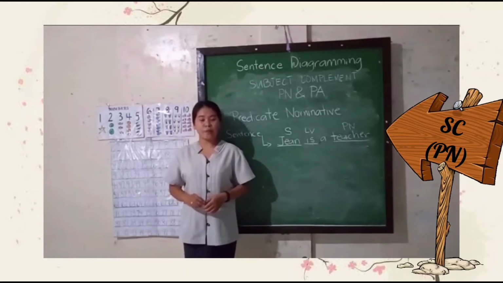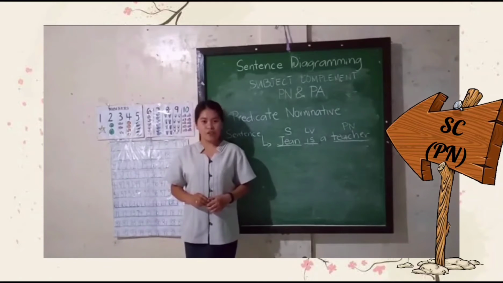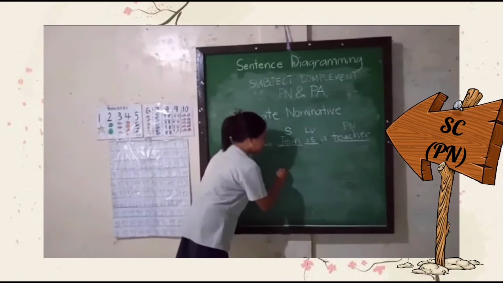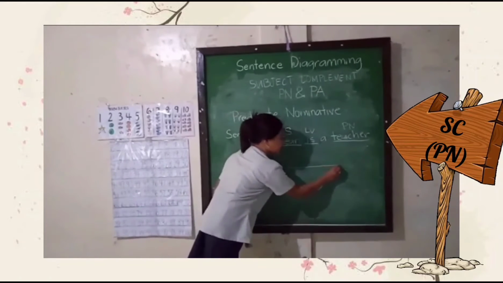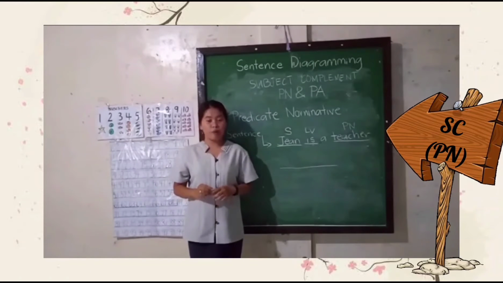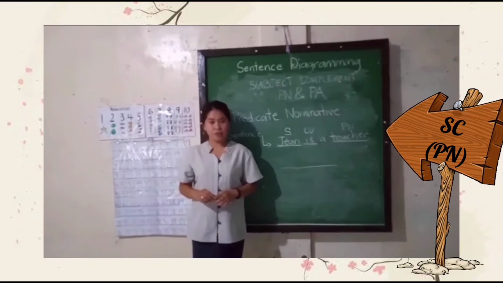First, to diagram this sentence, write a horizontal line to represent our main sentence. We have our vertical line to separate our verb and our subject.